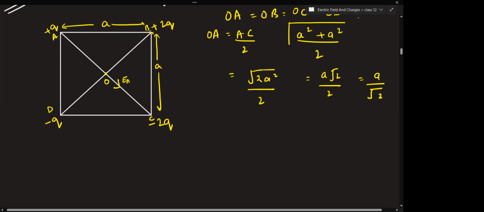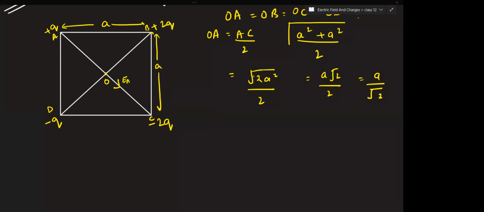Then we have plus 2Q. For plus 2Q, the field will be towards where? Yes, Josefa, you tell me. For B point plus 2Q, what should be the direction of electric field? Along OD, along OB, which direction?